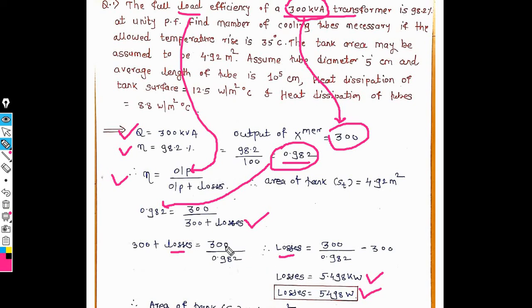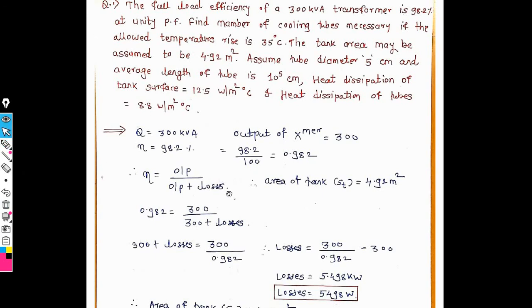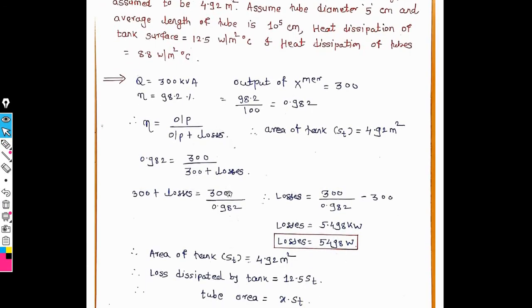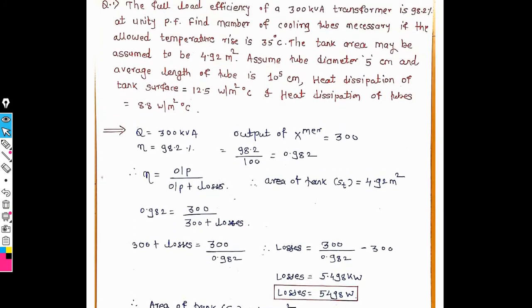Then we have to calculate area of tank, area of each tube, and number of tubes, which is very important. First calculate area of tank. In the given problem, efficiency is 98.2% with unit power factor, and find the number of cooling tubes.